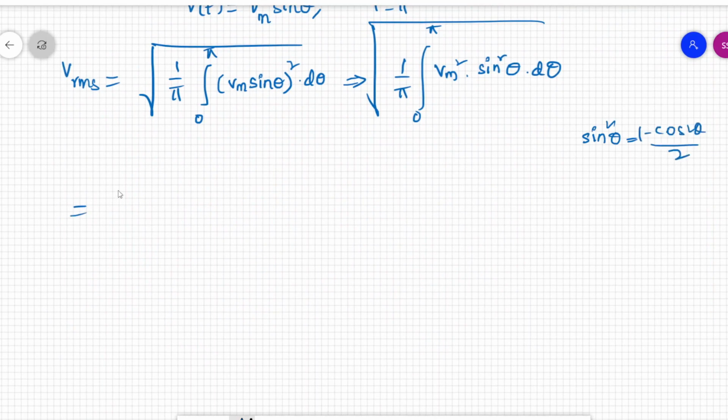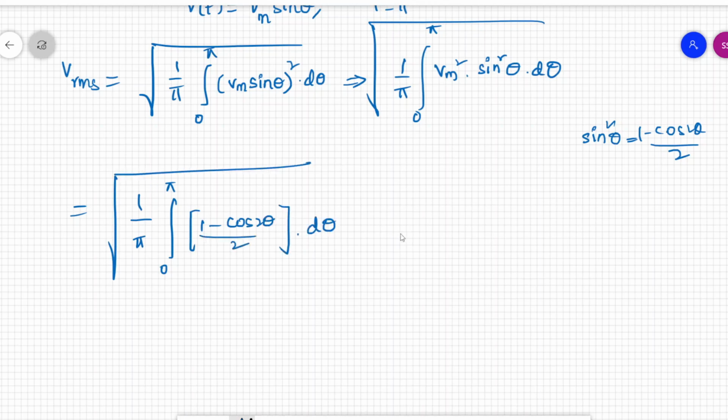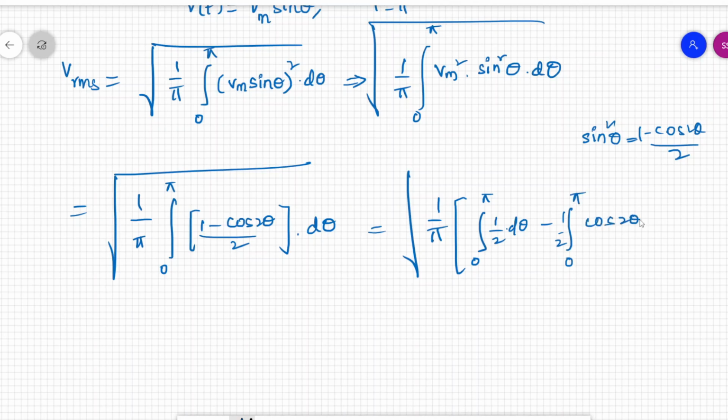Okay, so the expression will become 1 by pi 0 to pi 1 minus cos 2 theta by 2 into d theta on the root. Okay, so that will be 1 by pi integral 0 to pi 1 by 2 d theta minus integral 1 by 2 taking common 0 to pi cos 2 theta into d theta.